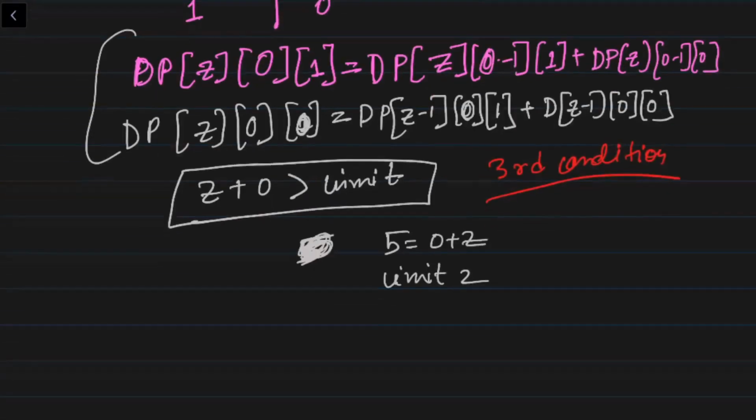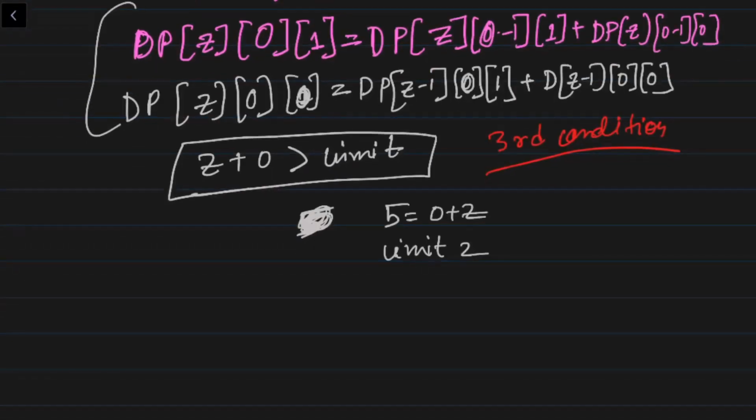Let's say our array is ending with 0. So let's take a random array, 1 0 0 1 0 0, with length 5. So as the limit is 2, our size is 3.